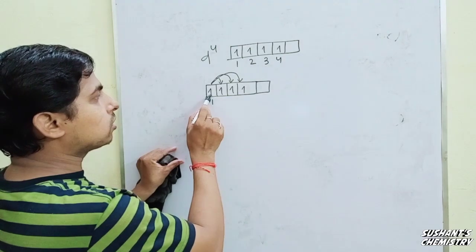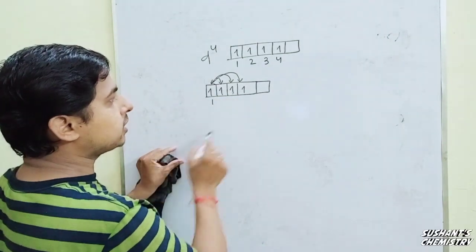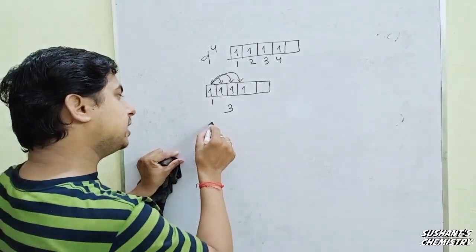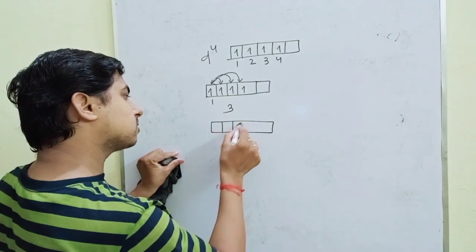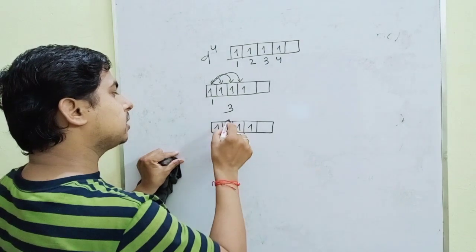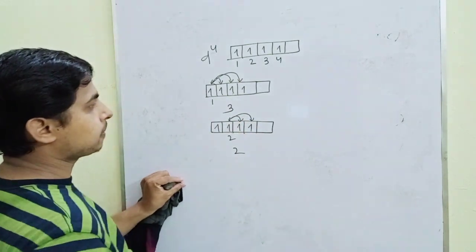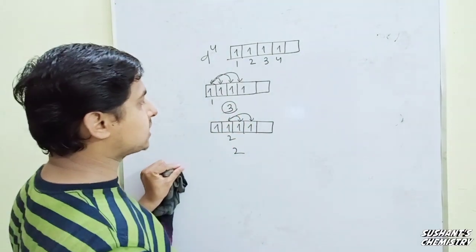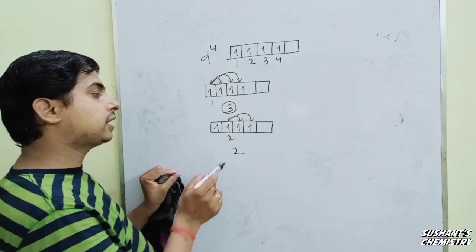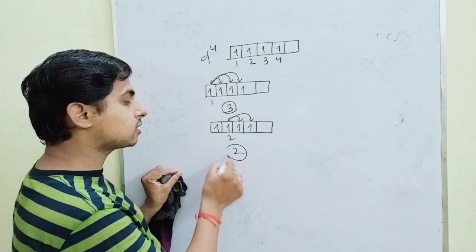This first electron can exchange with the second, third and fourth electron in 3 ways. Similarly, the second electron can exchange in 2 ways, between the third and fourth electron.